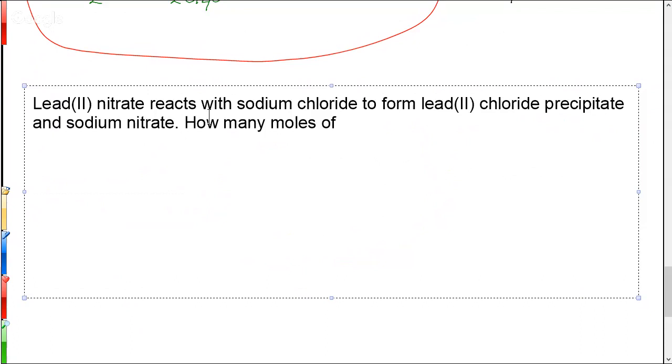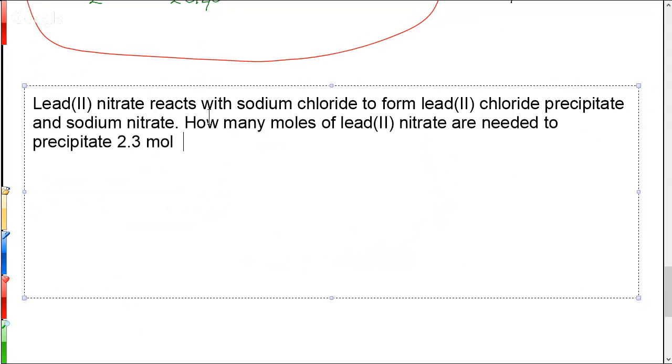How many moles of lead 2 nitrate are needed to precipitate 0.3 moles of lead 2 chloride?